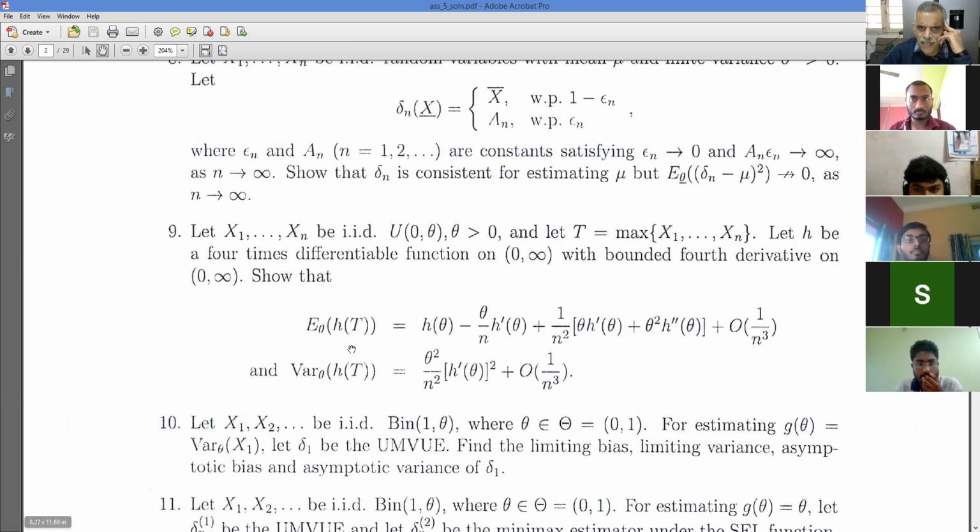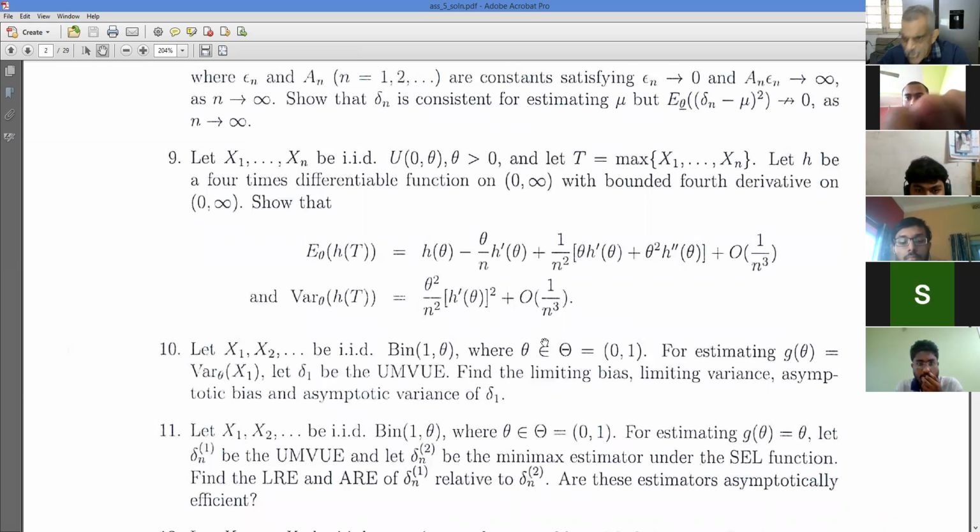Apply the Taylor series theorem on h of t. h of t would be the same as h of theta plus t minus theta h prime theta plus t minus theta whole square by factorial 2 h double prime theta. And then you try to show it the way you did exactly for x bar, except that you know that t would have a PDF of n t to the power n minus 1 by theta to the power n. So you can calculate various things. Right?